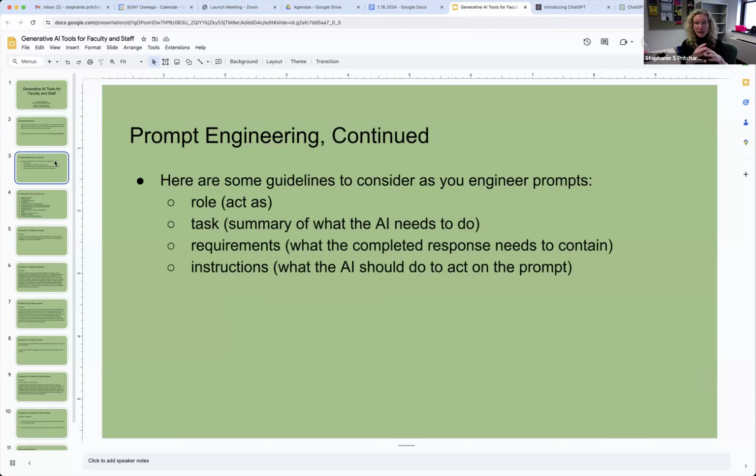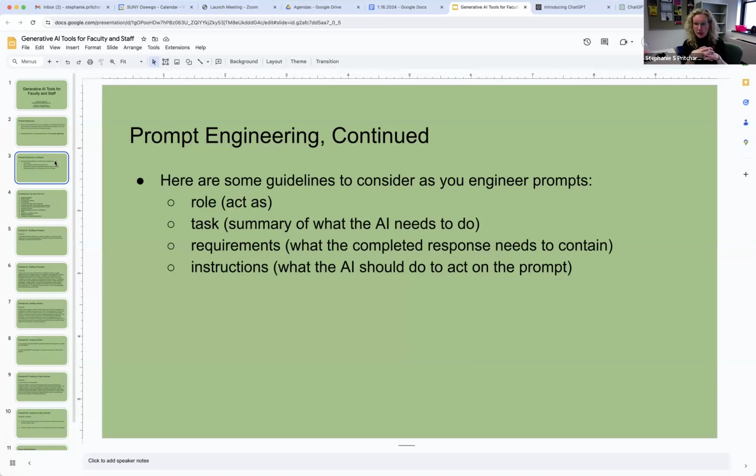So I really like this series of guidelines as I am prompting generative AI for different reasons. I stole these from Dr. Danny Liu, who works at the University of Sydney. He gave a really wonderful webinar on generative AI last summer that I attended. It's been my favorite AI webinar that I've gone to so far.